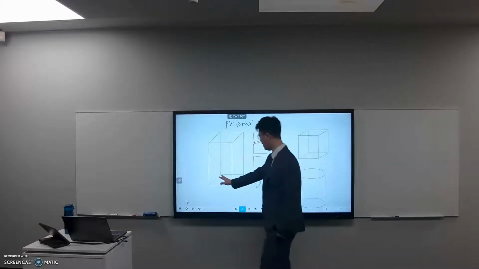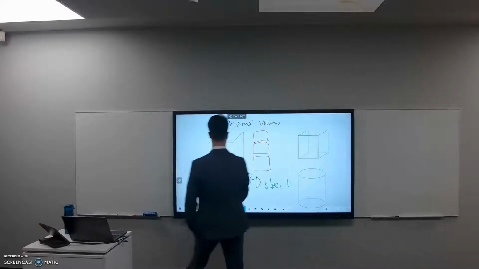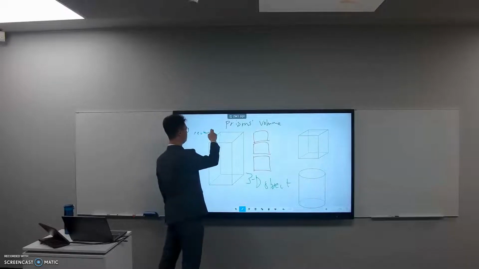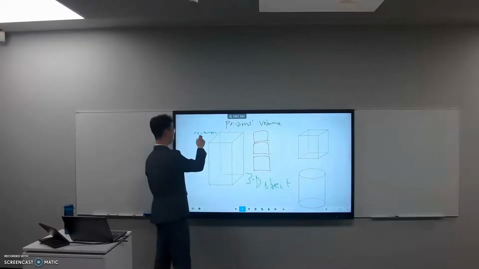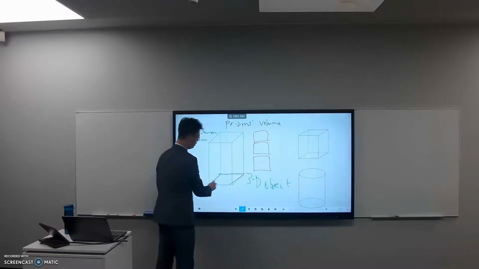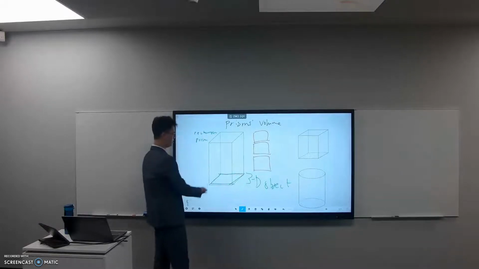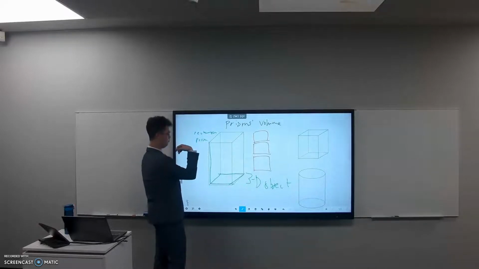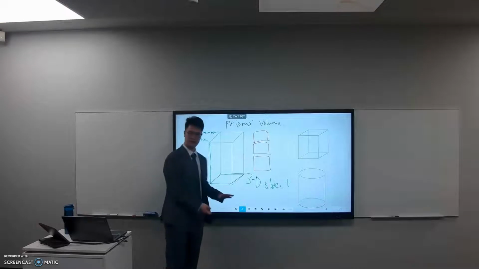which has a base shape. So, for example, this is a rectangular prism. It basically means it has a rectangular base and then it builds up. So think about this.